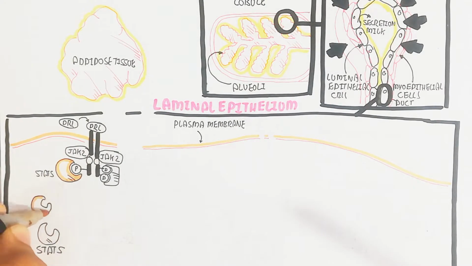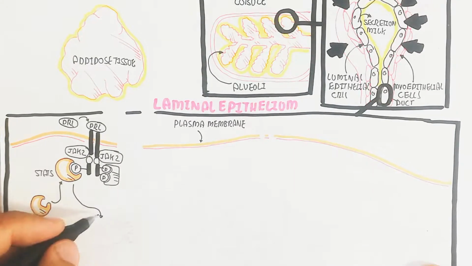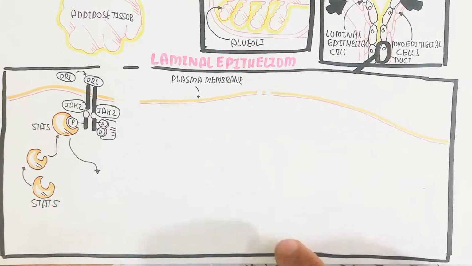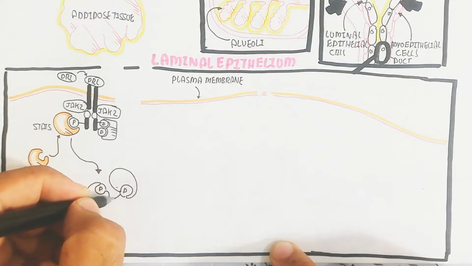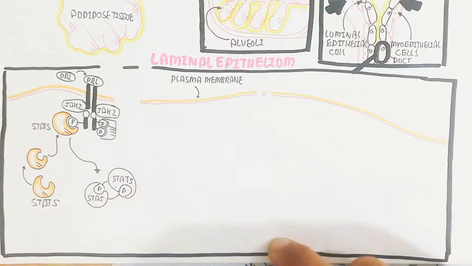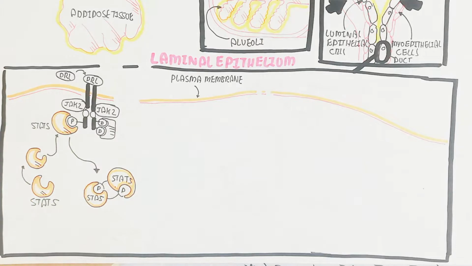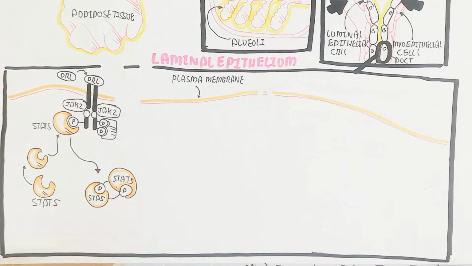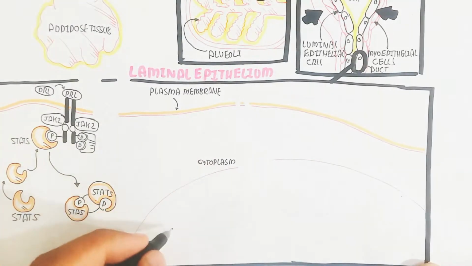5. After STAT5 phosphorylation, a dimeric formation is made, and this dimer is the transcription factor that will go into the nucleus where the DNA is present and bind to the region of the DNA required for the production of milk.